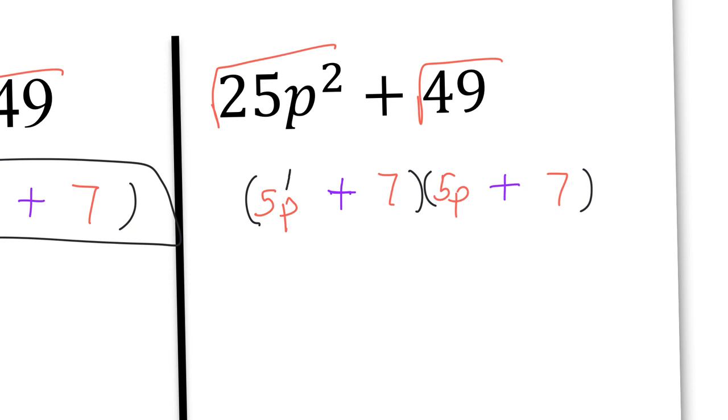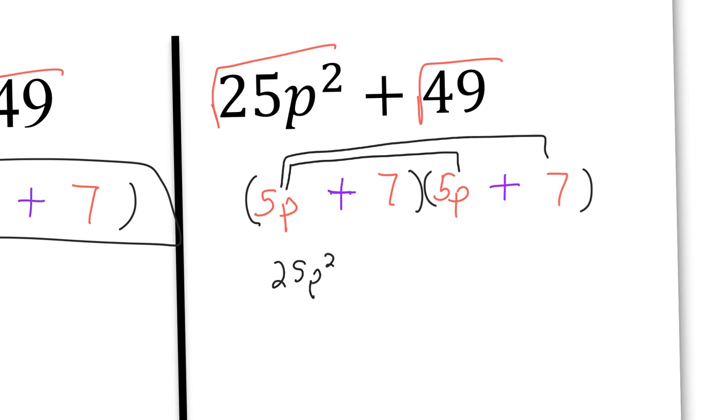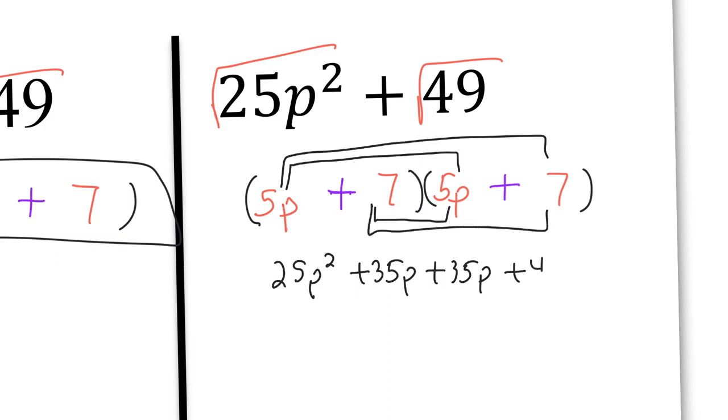If you start distributing, you multiply 5p times 5p, you do get the 25p squared. But when you multiply 5p times 7, that's going to be positive 35p. And if you multiply positive 7 times 5p, that's positive 35p. And positive 7 times positive 7, that's positive 49.